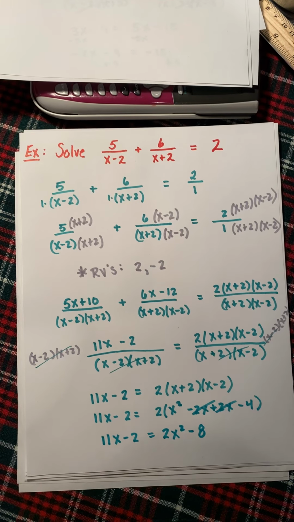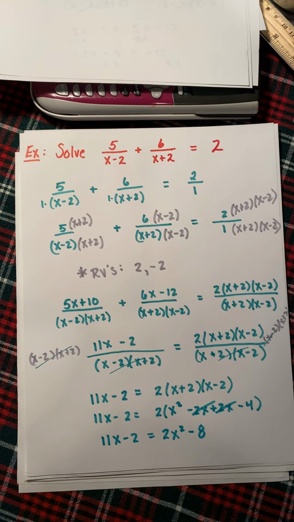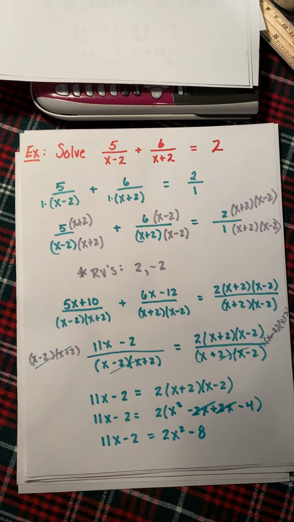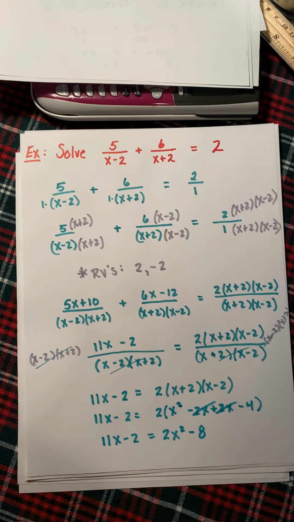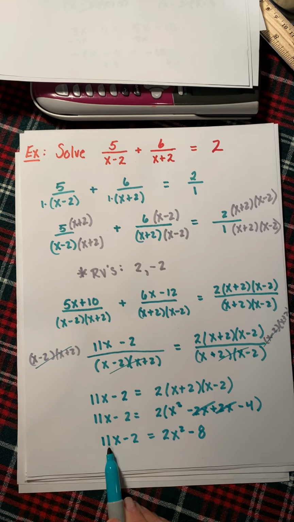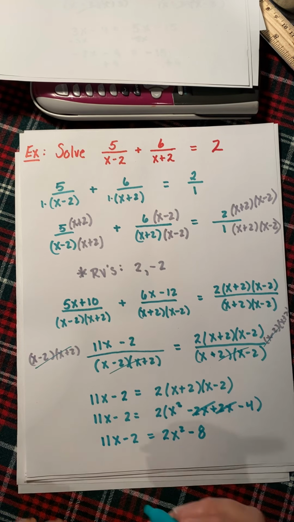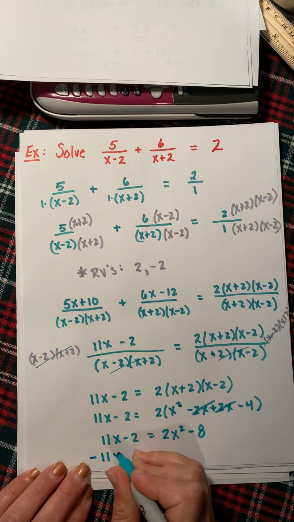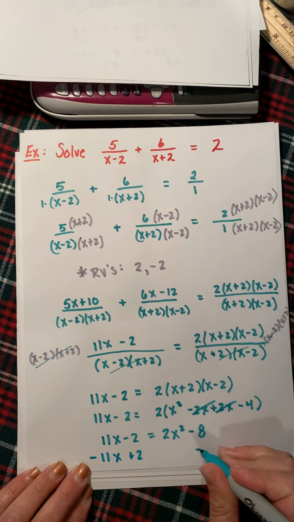So what are we going to do here? Well, I suggest anytime you run into a problem that has x squared, it's a quadratic equation, setting it equal to 0 and then deciding what we're going to do from there. I want my coefficient in front of x squared to be positive, so I'm going to bring the 11x and the minus 2 over to the right. So I'm going to subtract 11x and add 2 to both sides.